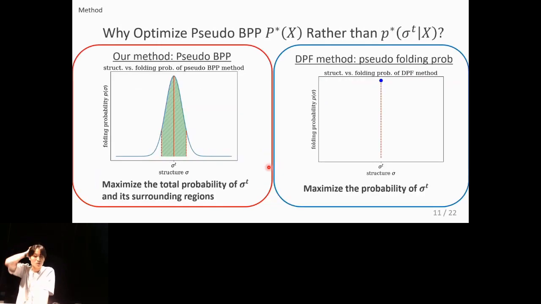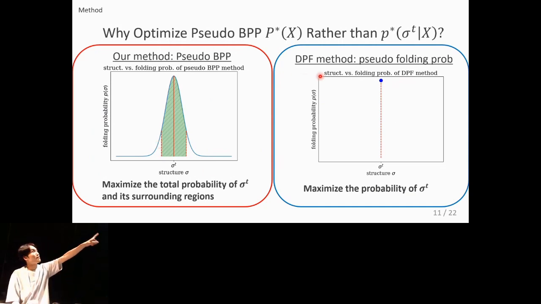But so why optimizing pseudo BPP rather than pseudo folding probability? By making the pseudo BPP close to the target structure, our method considers an ensemble of structures around the target.